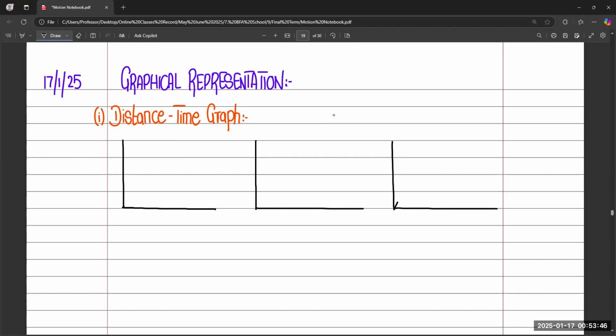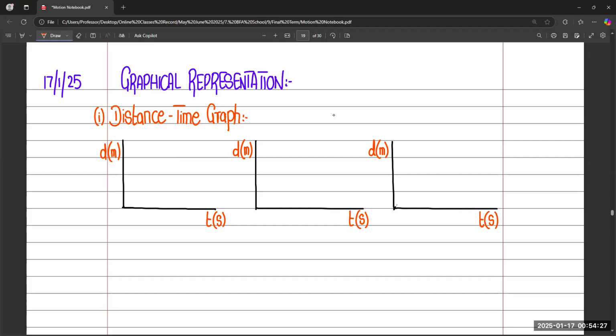So these are three different axes, and we need to place distance on the y-axis, let's suppose in meters, and time on the x-axis. So these are the graphical representations.